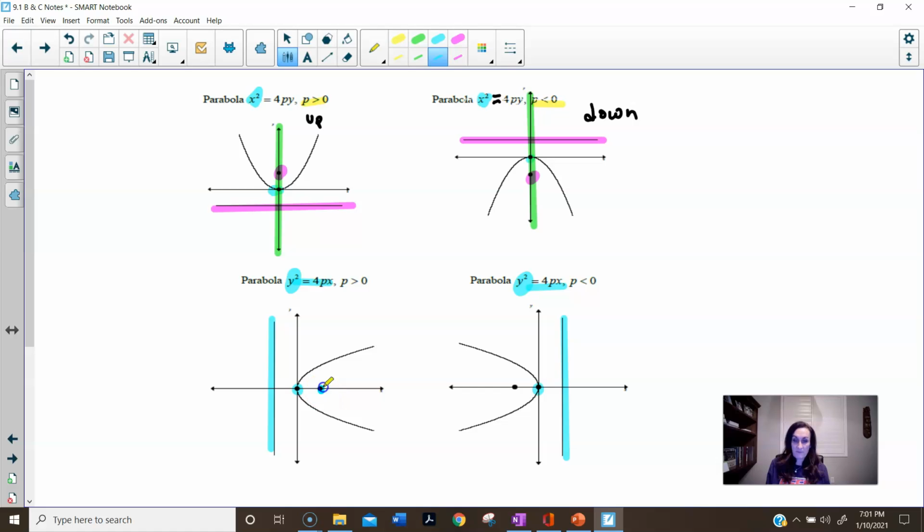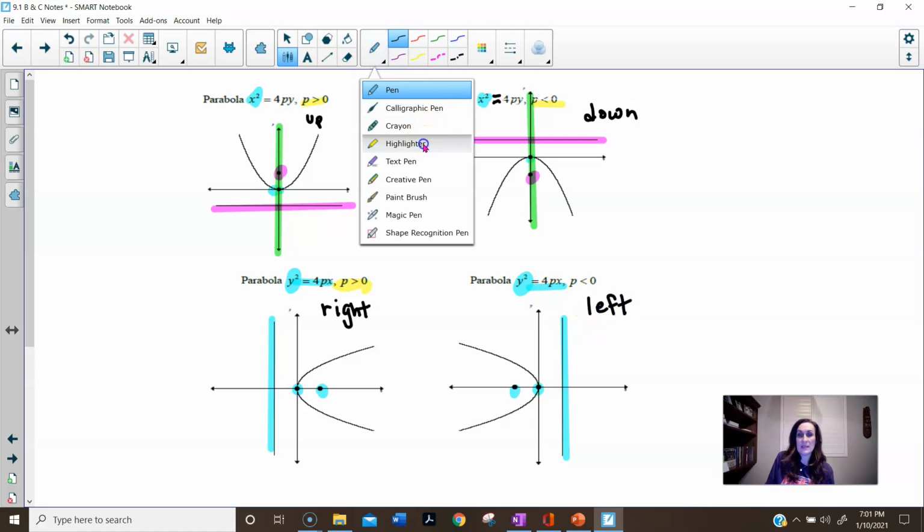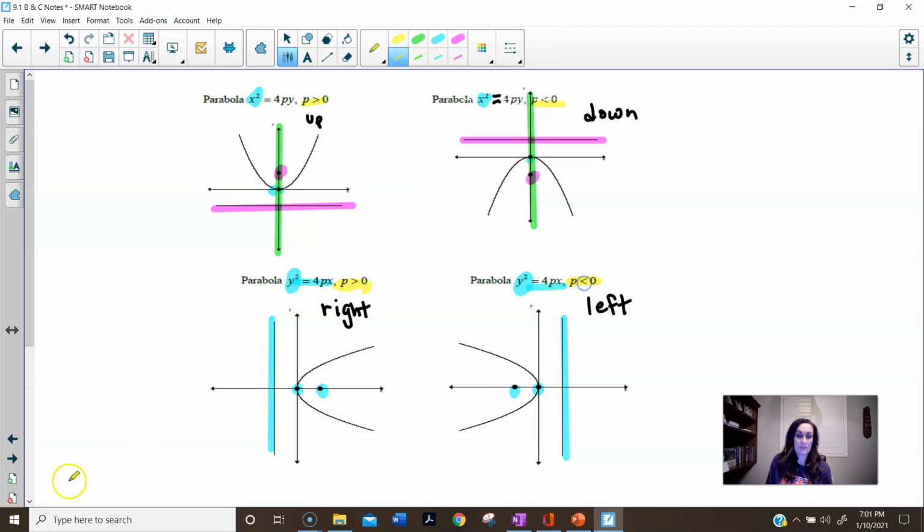The focus is what's inside the bowl-shaped conic. Now you can see when P is greater than 0, then that parabola is going to open to the right. And when P is less than 0, the parabola is going to open up to the left.